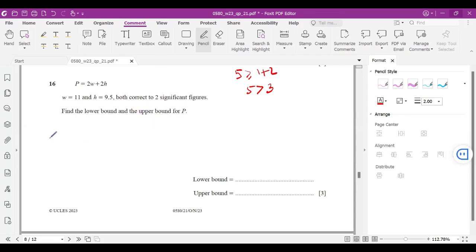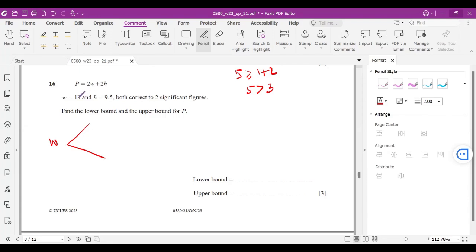So we take the W first and we look at it. These are 2 significant figures, so this number is supposed to have 1 decimal place, to 1 dp.